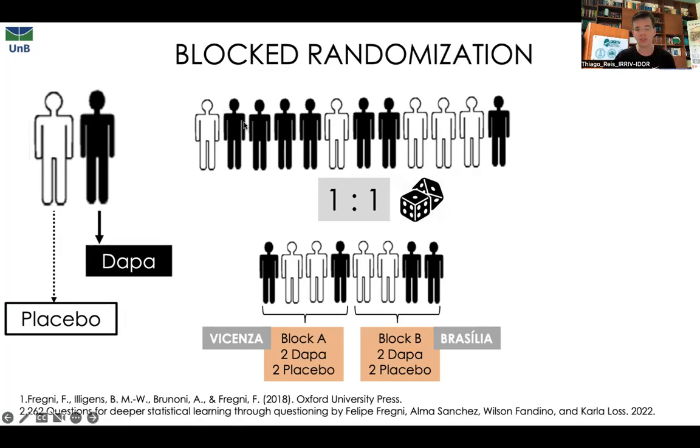This situation could happen, that the 4 patients in Brasília would get placebo and the 4 patients in Vicenza would get the intervention. So when we are randomizing, we create blocks. In this case, blocks of 4, in which 2 would get the intervention and 2 would get the placebo.